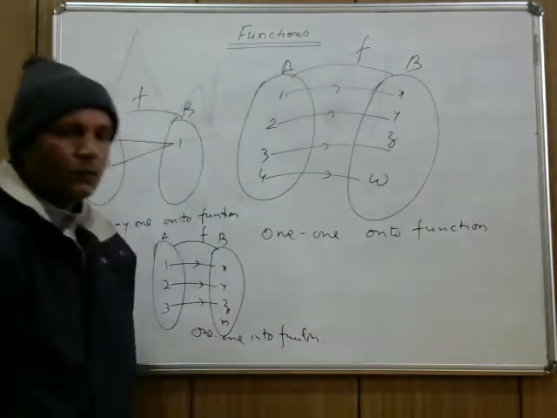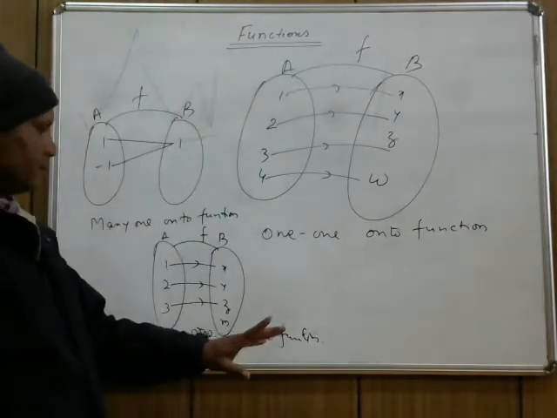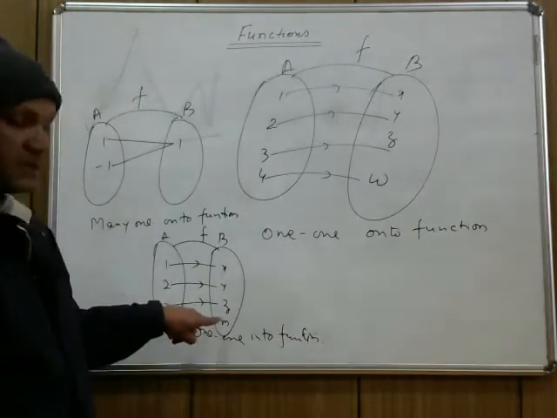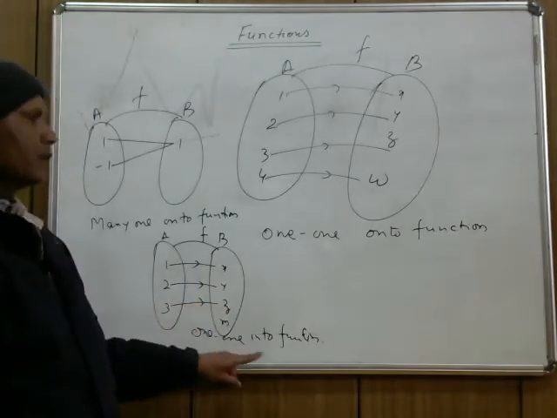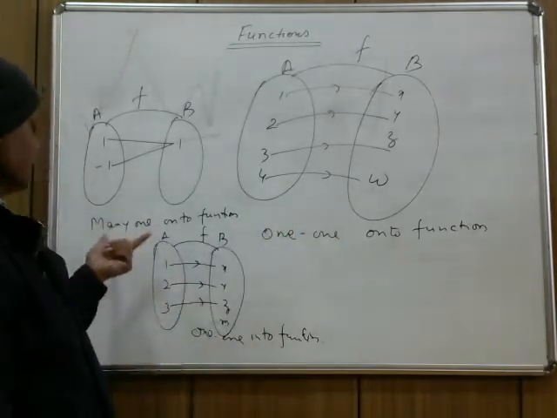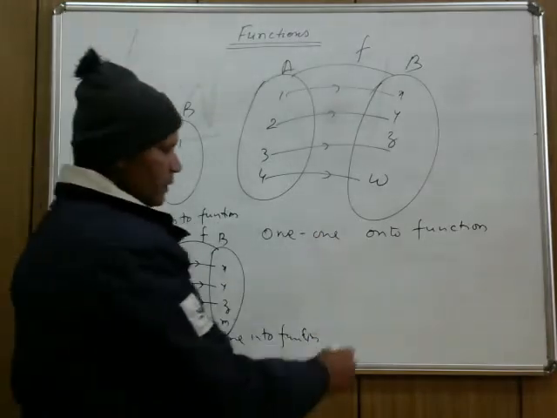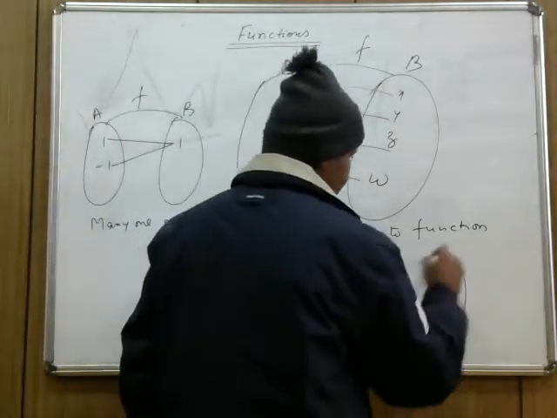Right? 1-1 into function. Why into function? Because at least there is one element in B whose pre-image is not present. That's why it is 1-1 into. This is 1-1 onto. Many one onto.